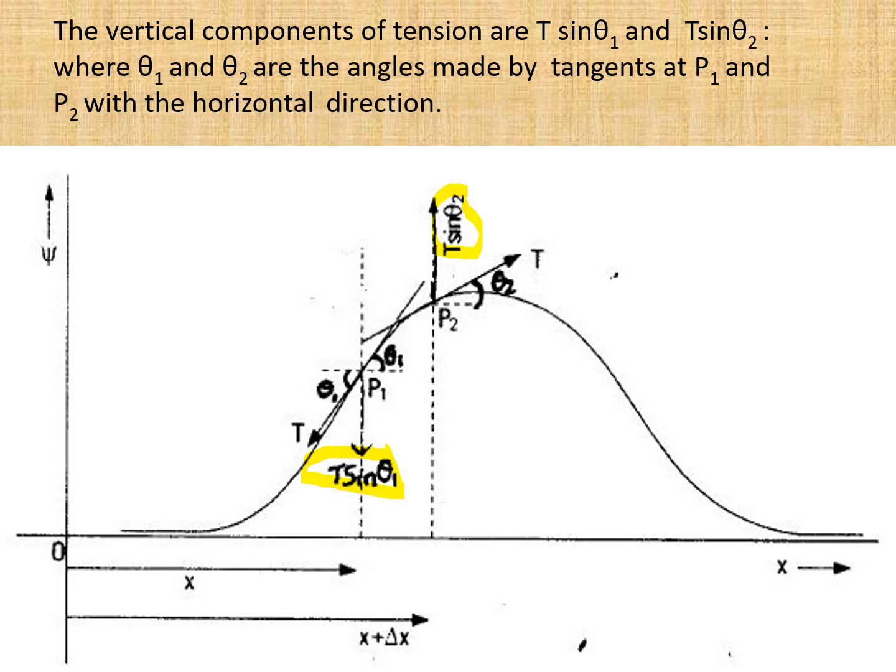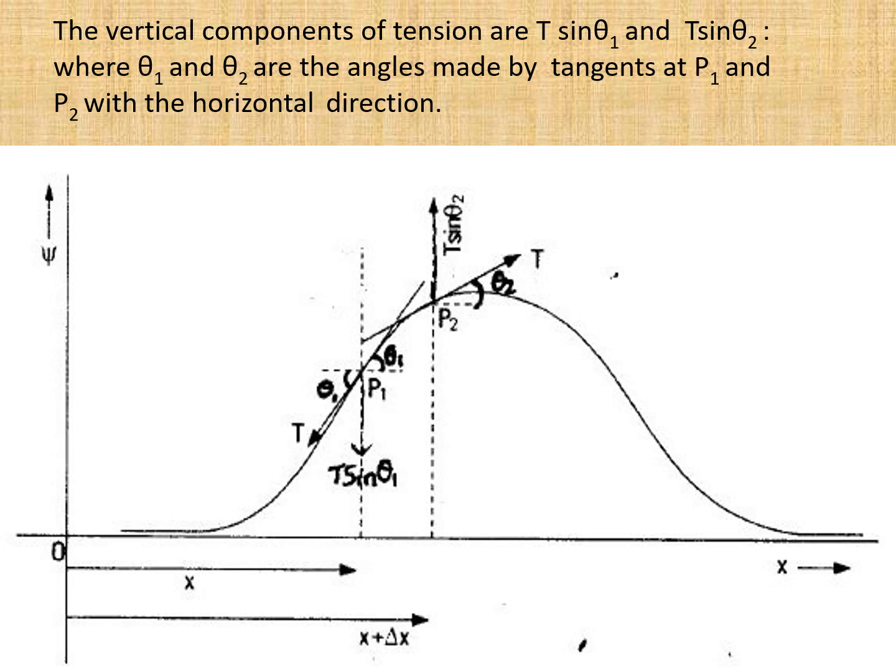They haven't shown the horizontal components of tension, namely T cos theta 1 at P1 and T cos theta 2 at P2. Can you say why they haven't shown the horizontal components of tension? The answer is the horizontal components of tension don't play any role in changing the displacement of the string.